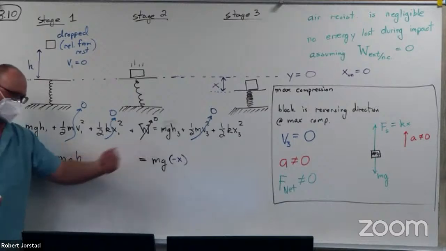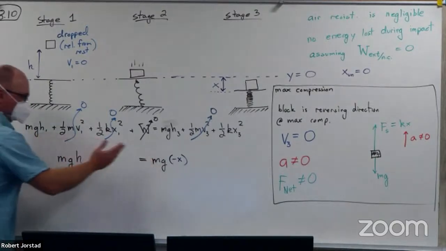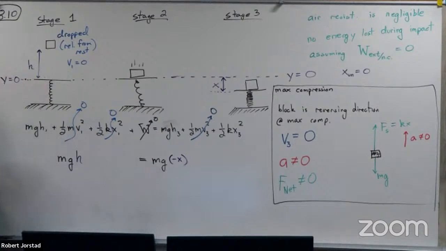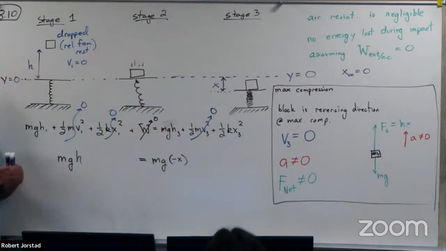Sometimes we get negative heights. That's not a problem. We have some negative energy. So what? Only changes in energy matter. So later on, we'll realize there's an initial and a final. We could rewrite this equation as a change in energy, and only changes in energy are physically meaningful, not whether a number is positive or negative.